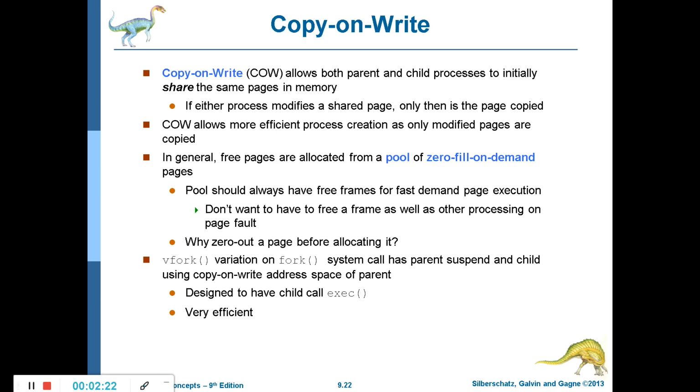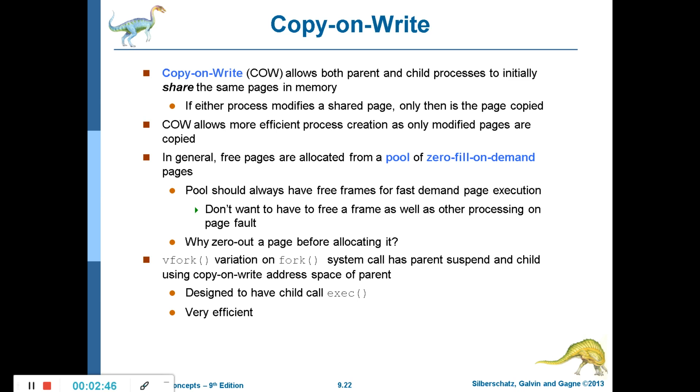In general, free pages are allocated from a pool of zero fill on demand pages. What do we mean by zero fill on demand? It means until there is a demand, don't fill anything, zero fill.